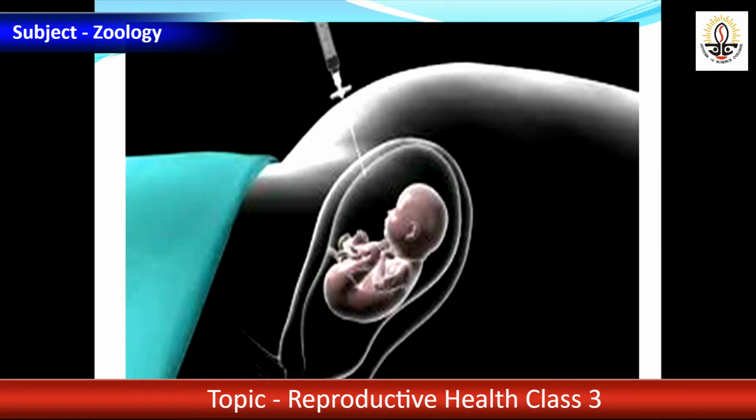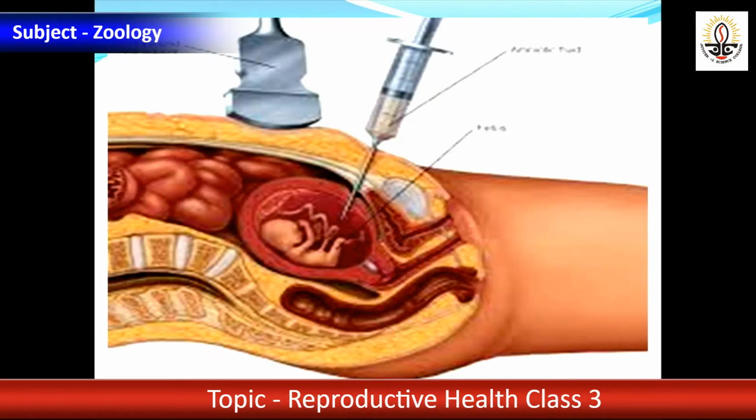Now look at the diagram, how the injection enters through the amniotic sac, drawing out some of the amniotic fluid to be examined. Fetus is growing within the amniotic cavity and amniotic fluid is taken out.